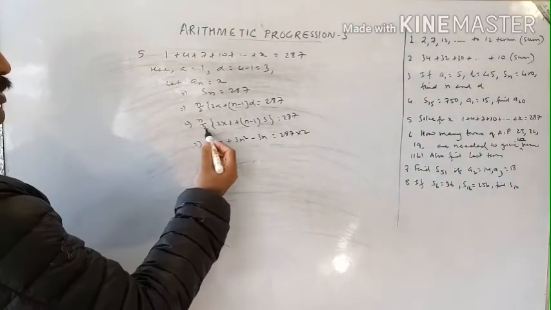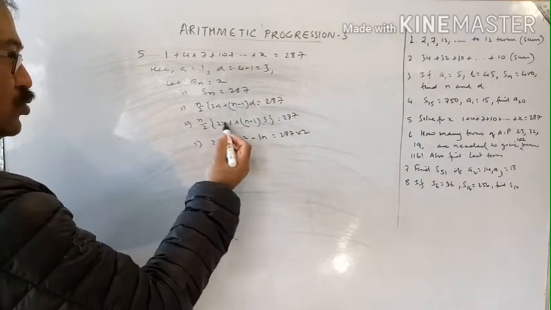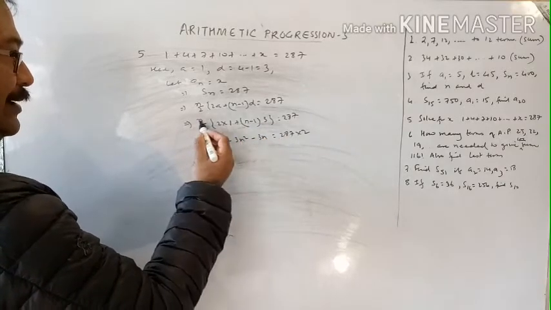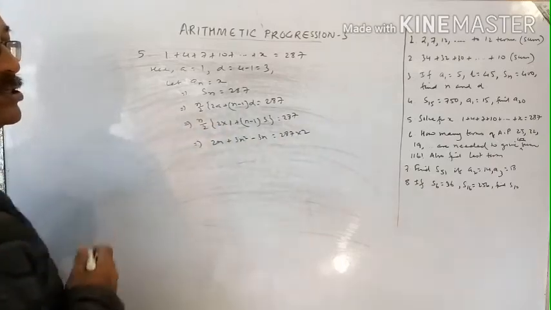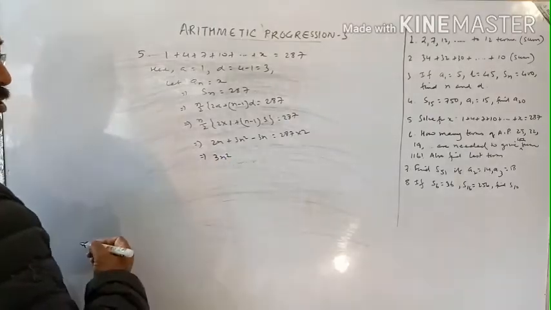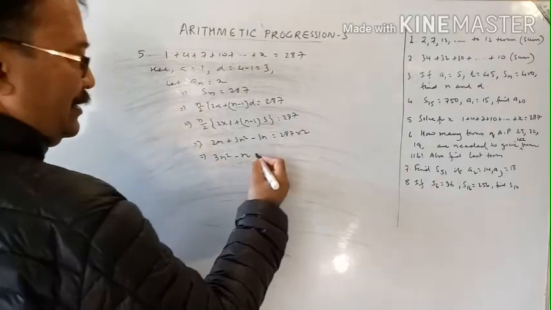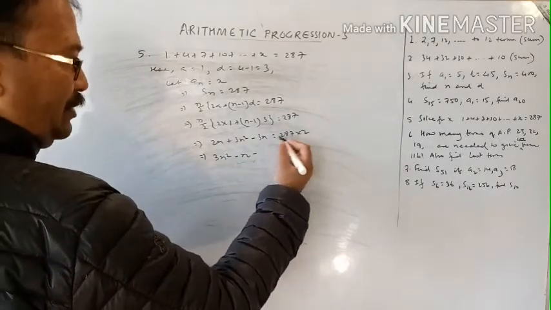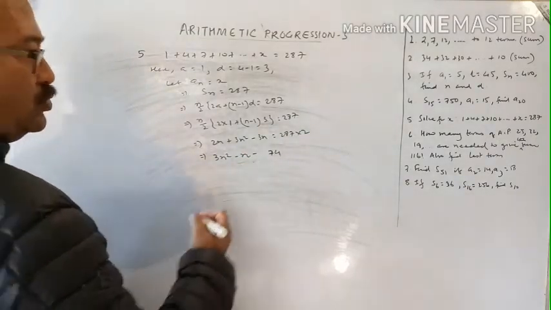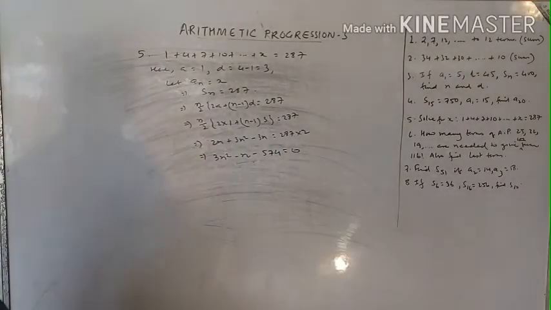What we have done: this 2 has multiplied here, opening the bracket, n into 2 is 2n, n into 3 is 3n, 3n into n is 3n square, n into 3 into 1 is minus 3n. Okay, so this becomes quadratic, 3n square, 2n minus 3n will be minus n, minus, if you multiply and bring it to LHS, 2 7s are 14, 1 2 are 16, 17, 1 2 are 4, 5, 574 equal to 0.